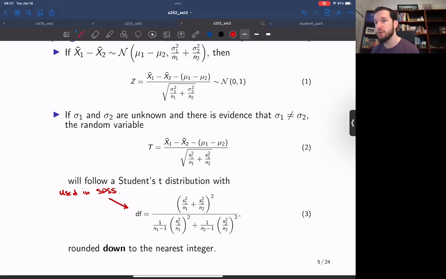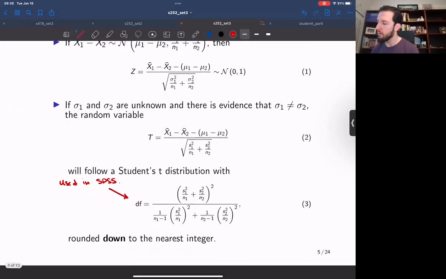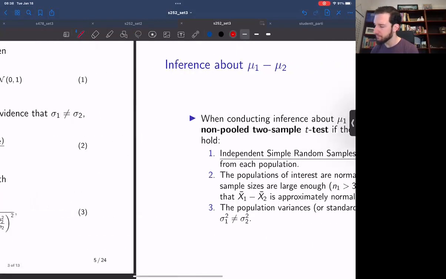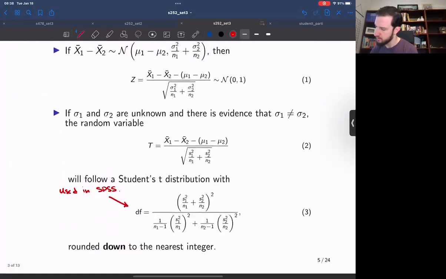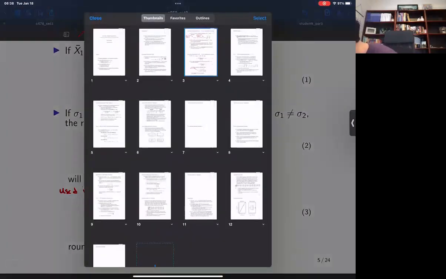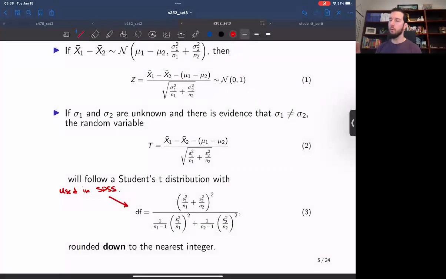It's quite a bit of additional work. So what we are going to do instead is simply take the smaller of the 2 sample sizes minus 1. And I'll give a formal note about this in 2 slides.